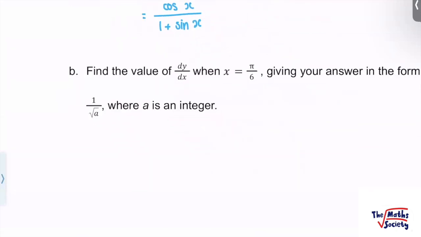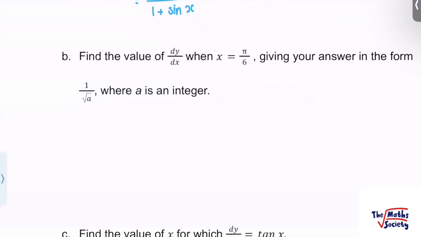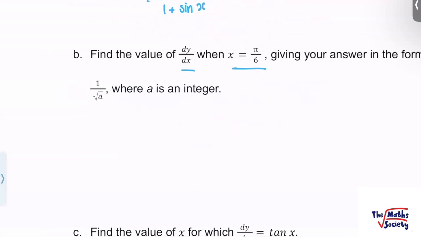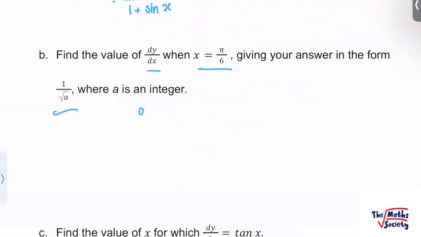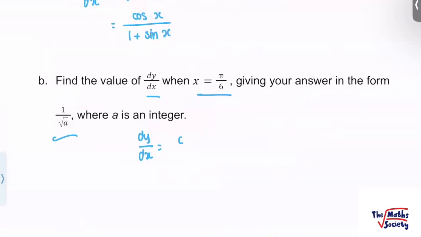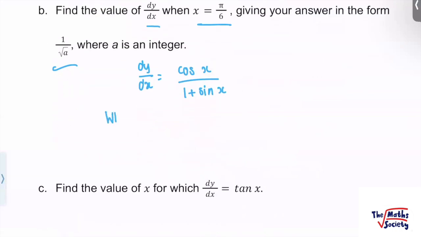And b, it says to find the value of dy by dx when x is equal to pi by 6, give your answer in the form 1 by root a, where a is an integer. So we want dy by dx, which is cos x by 1 plus sine x, when x is equal to pi by 6. dy by dx is going to be root 3 by 2 divided by 3 by 2.